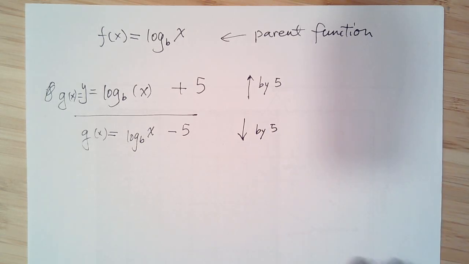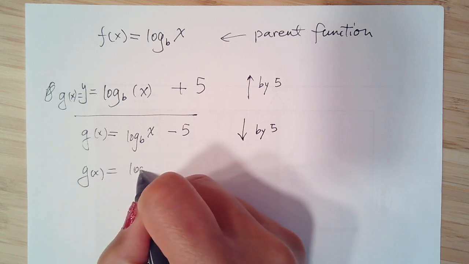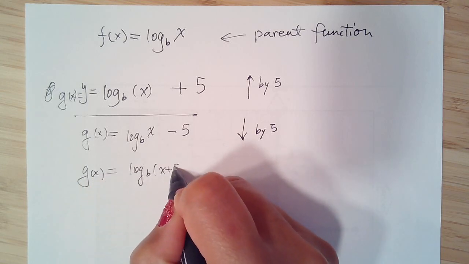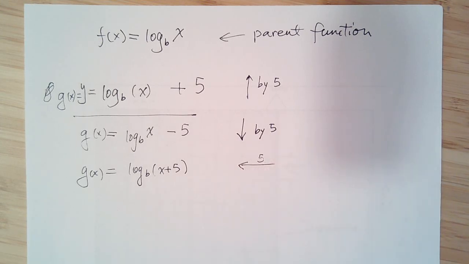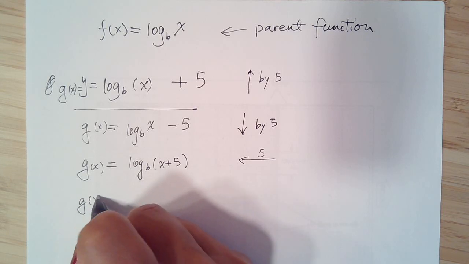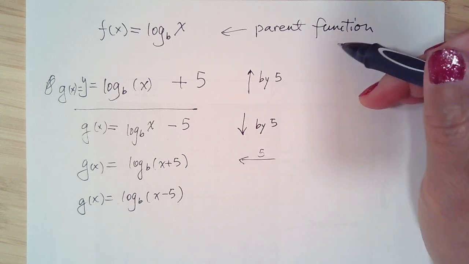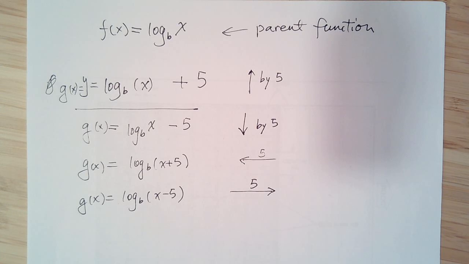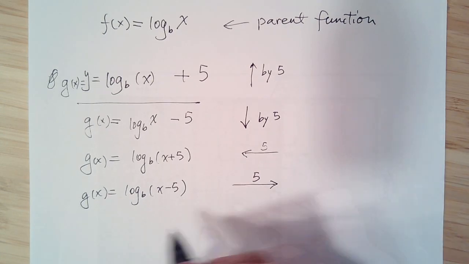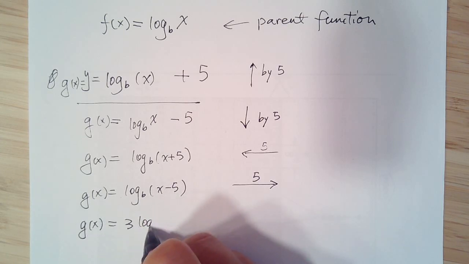Okay, next one. What about g of x equals log base b of (x plus 5), which means you shift it to the left by 5. Okay, and g of x equals log base b of (x minus 5). So from the graph of the parent function, you're going to shift it to the right by 5. Is that good? All right. Two more. If I ask you to give me the graph g of x equals 3 log base b of x.